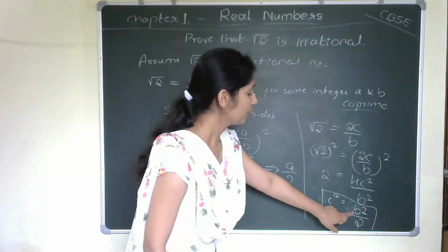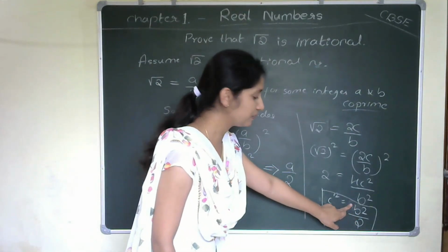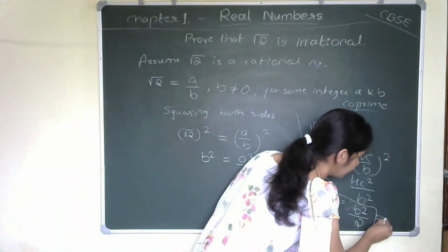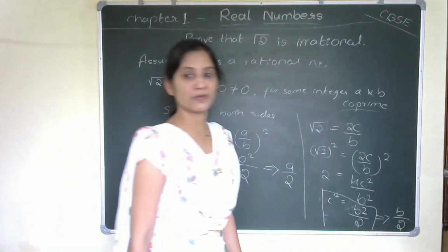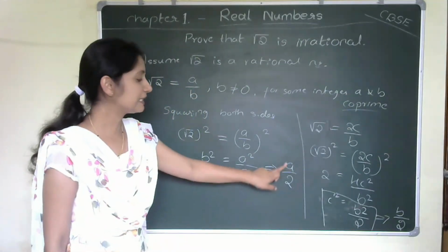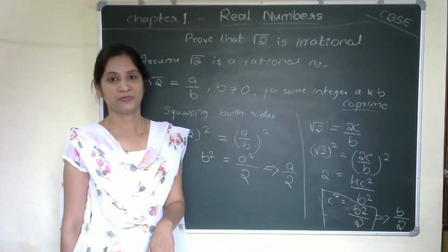That means 2 divides b square. This implies 2 divides b also. Yes, 2 divides a also, 2 divides b also.